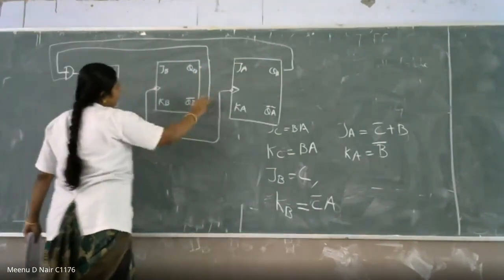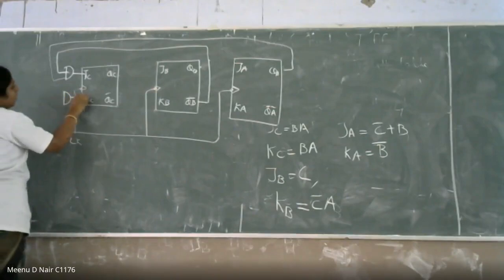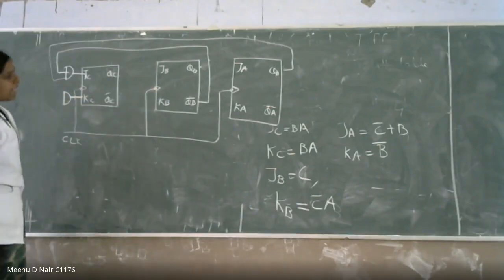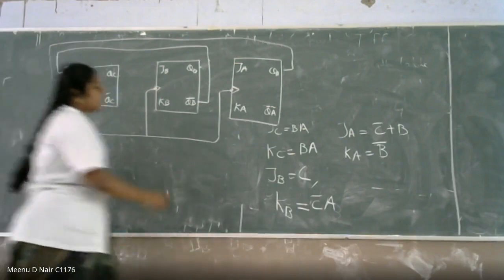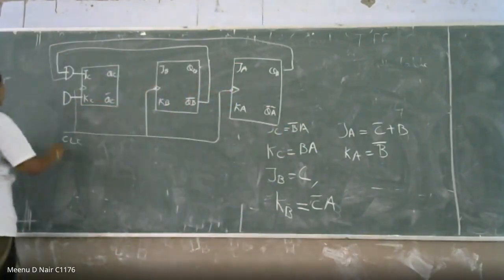Then KC is equal to AB. So JC is equal to B bar A and KC is equal to AB.